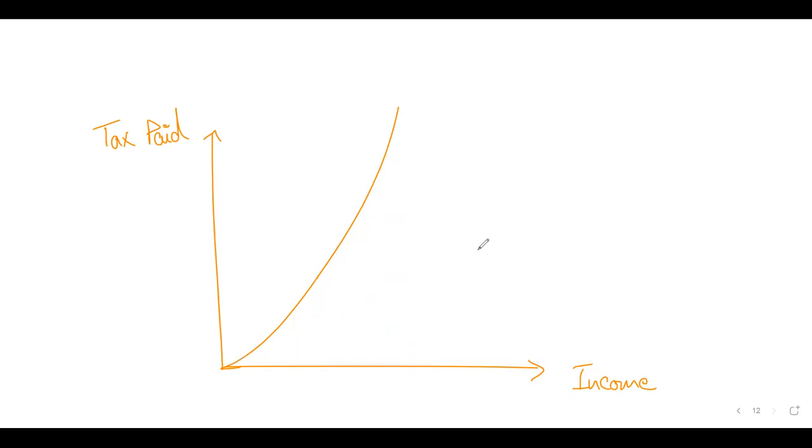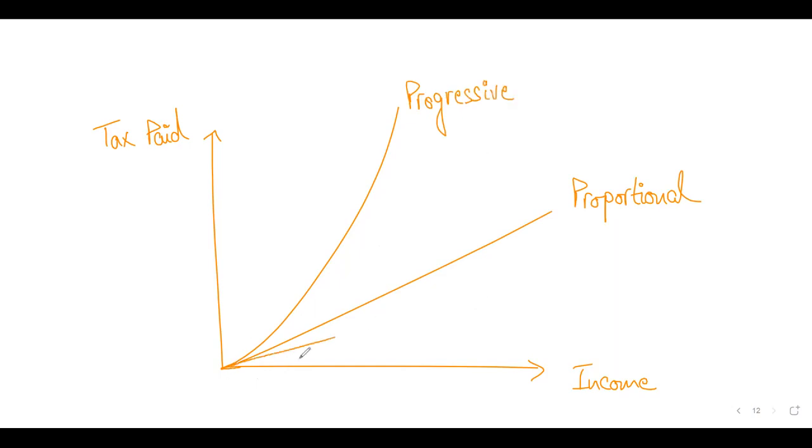If it's a straight line from the origin, it's proportional. And the one that bends towards the x-axis would be regressive. Does it make sense?